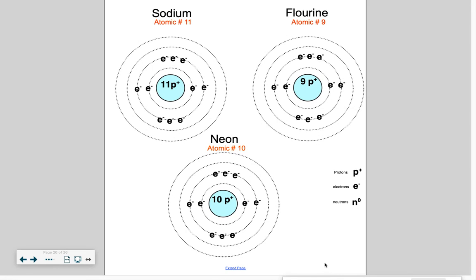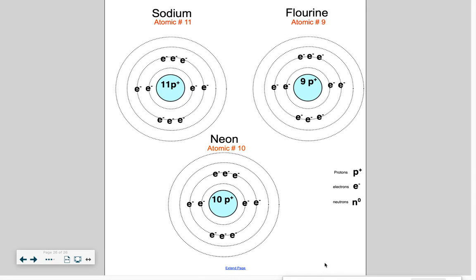And when this happens, we say they are ions. In this case, let's look at sodium. I want you to look at the atom of sodium right now as I'm saying this. Sodium has 11 protons, but now it only has 10 electrons. So that means it has 11 positive charges in its nucleus, but only 10 negative charges in its outer shells.